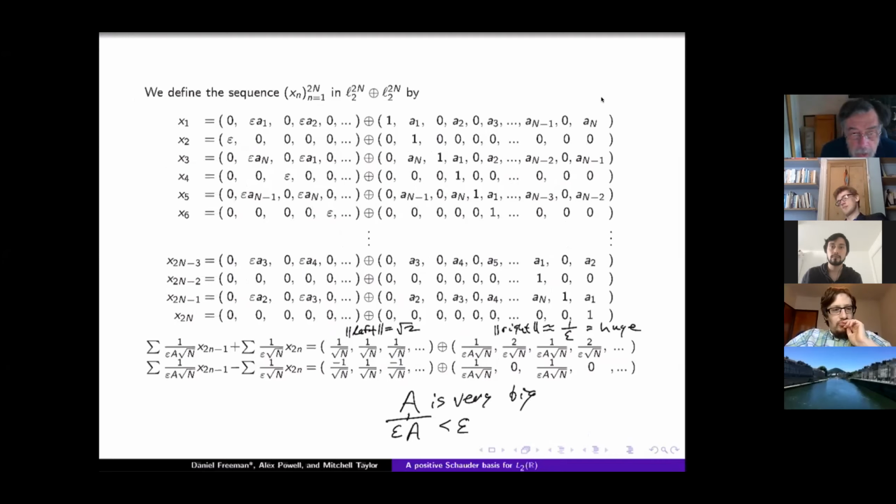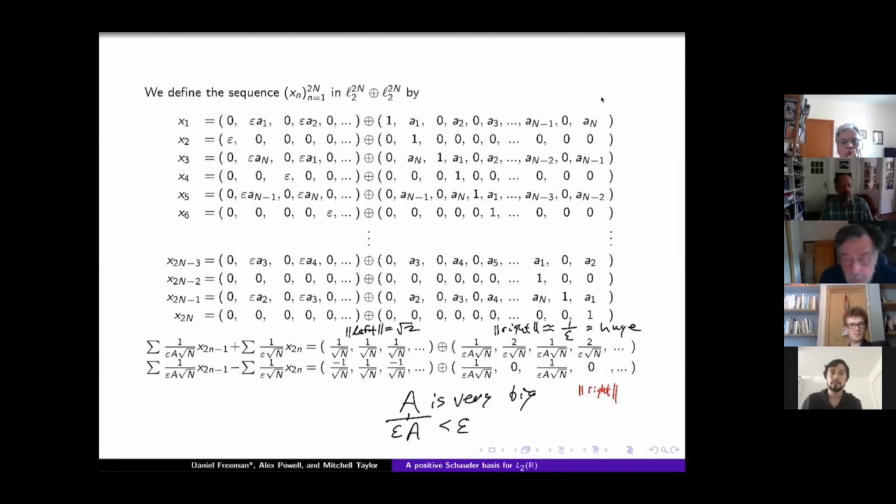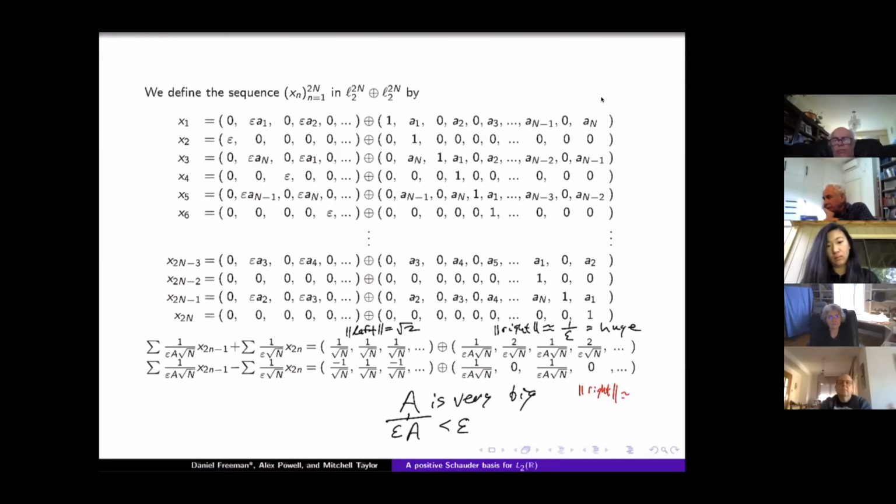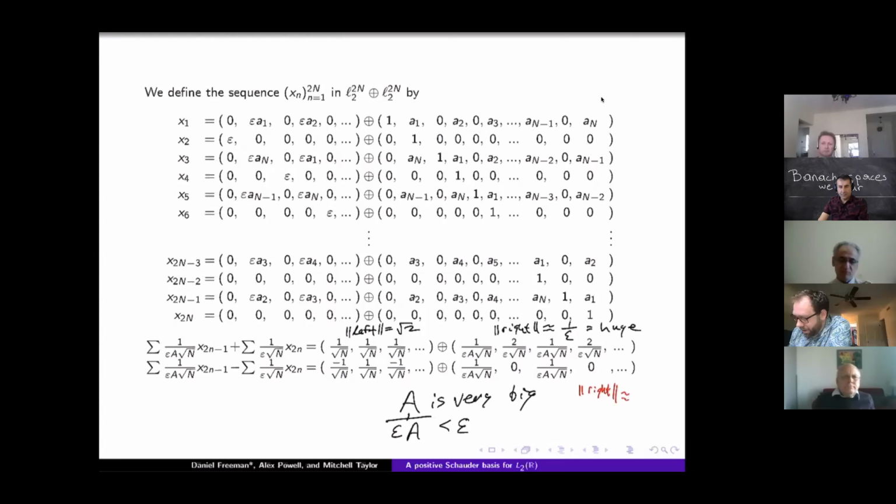And so the norm of the right is approximately epsilon, and the norm on the left is root 2.